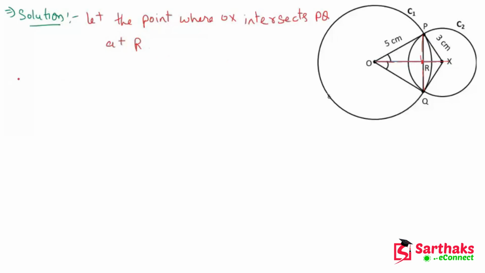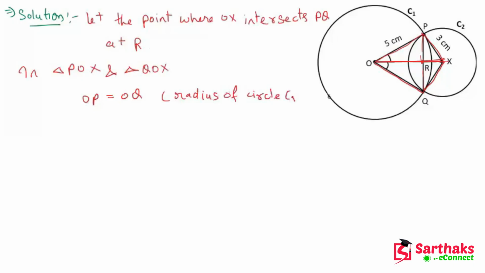Now in triangle POX, meaning this triangle, and triangle QOX, meaning this triangle, OP is equal to OQ because these are the radii of circle C1.